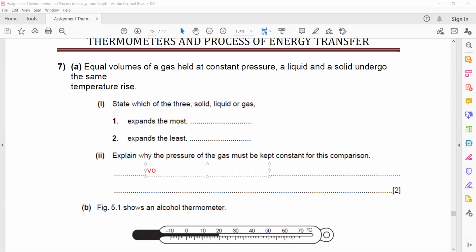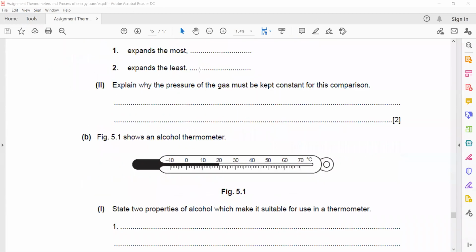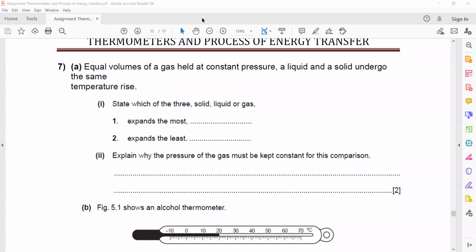So the volume of the gas can also be affected by pressure. That is why it must be kept constant. Why are 2 marks there? 1 mark is for this part and 1 is for what you will write here.